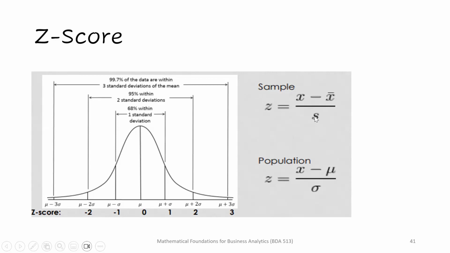When we are talking about a sample standard deviation, don't worry, the S and the rho you are seeing here are the same thing, but one measures the standard deviation for a sample, and one measures the standard deviation for the whole population.